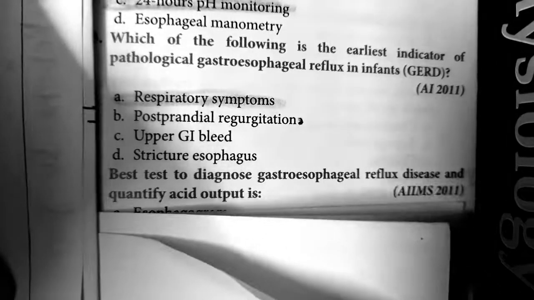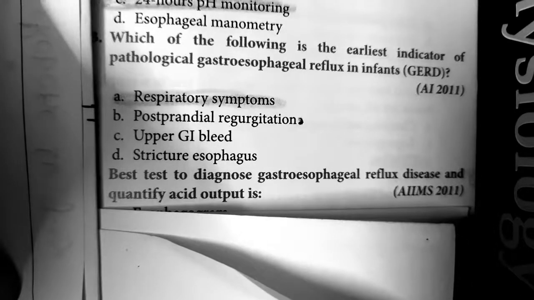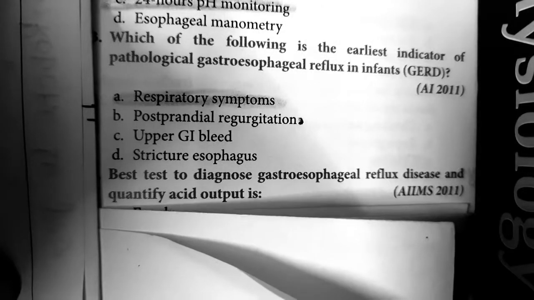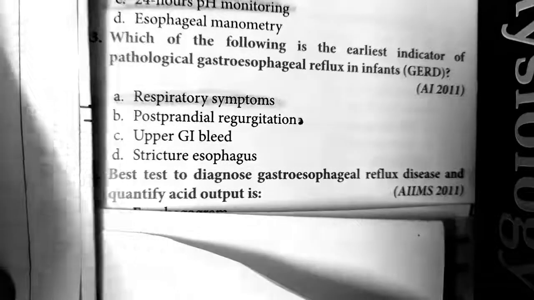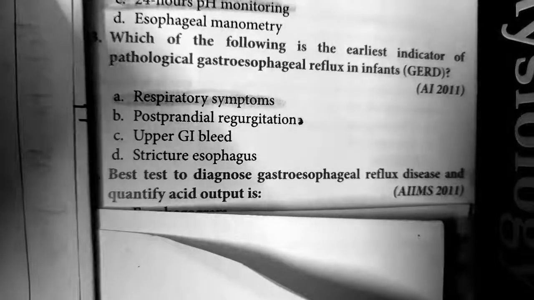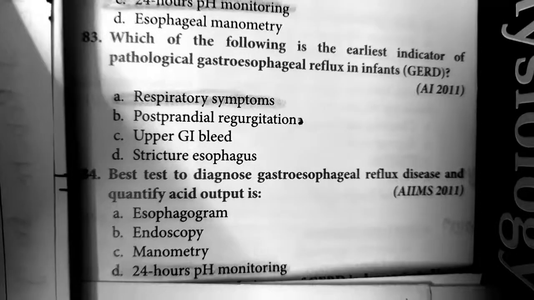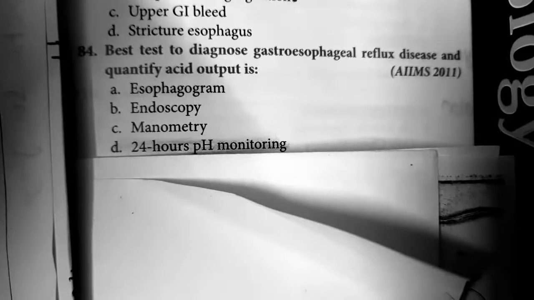Next, the sixth question. The best test to diagnose gastroesophageal reflux disease and quantify acid output is 24-hour pH monitoring, because pH decreases as the acid increases.